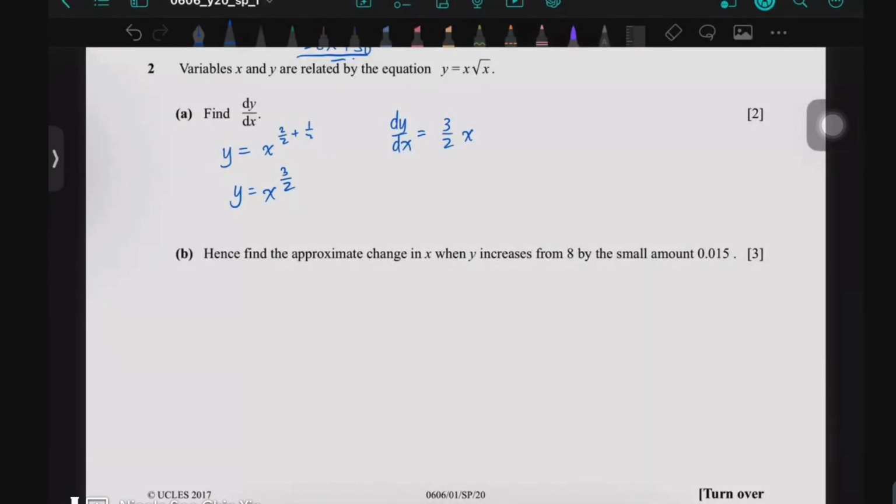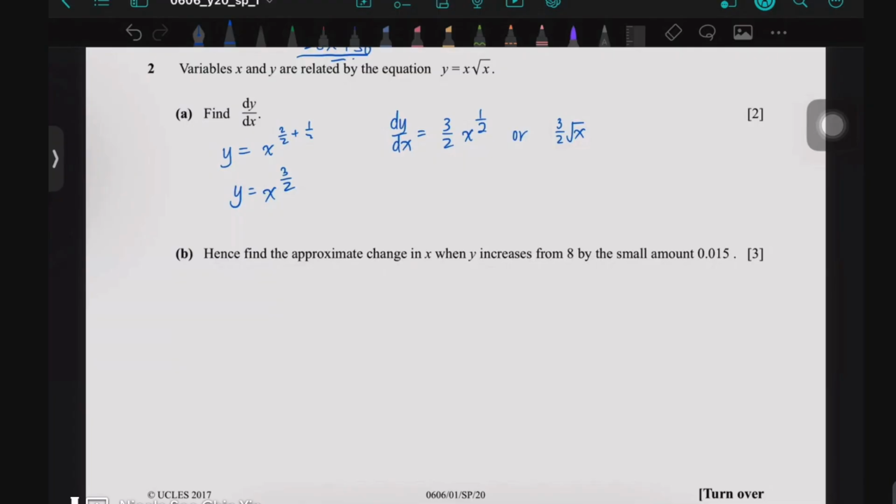Your power will reduce by 1, so you will get back 1 over 2. In other words, you can put your answer as 3 over 2 square root x. I prefer square root x, because later we have a non-calculator paper, you probably need to use that.